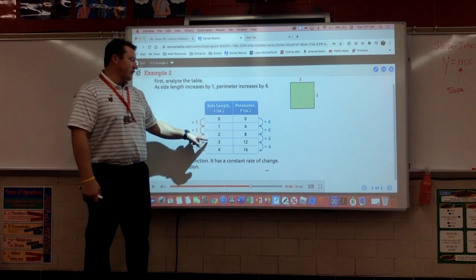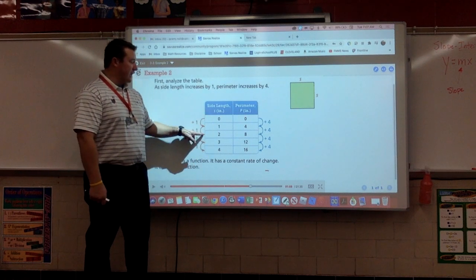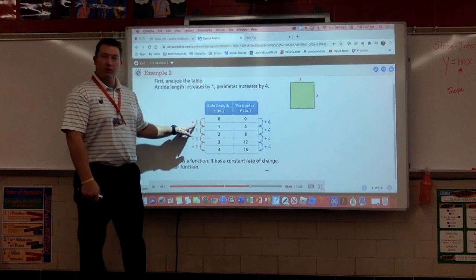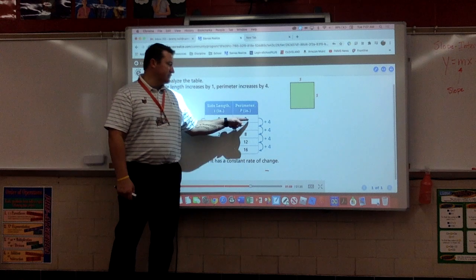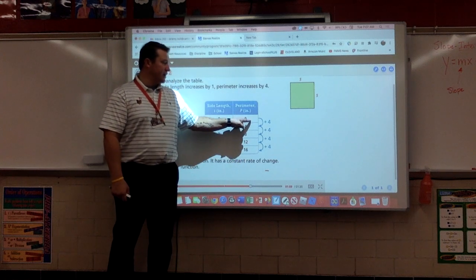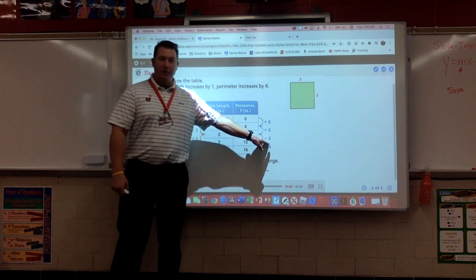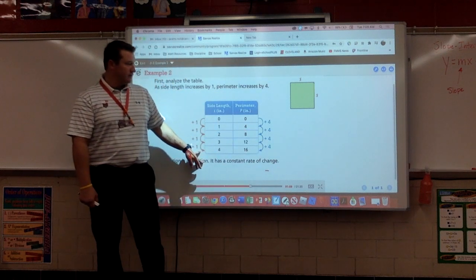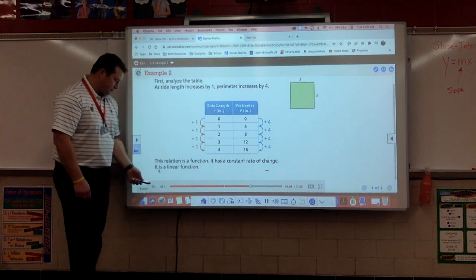How are my x values going from one to the next? Well, they're getting larger by 1. How is this changing? It's also increasing, and here it's getting larger by 4. Because these numbers are constant, this means it's going to be a linear function.